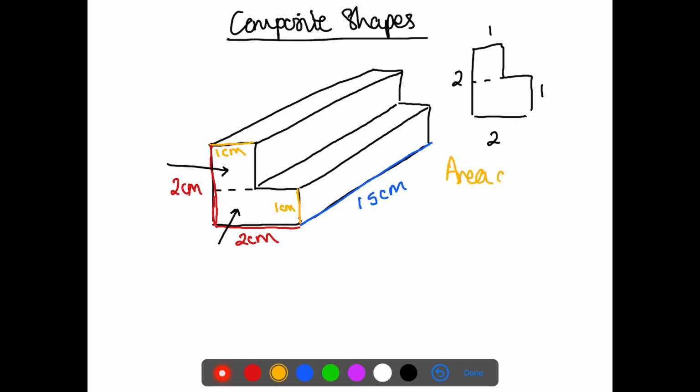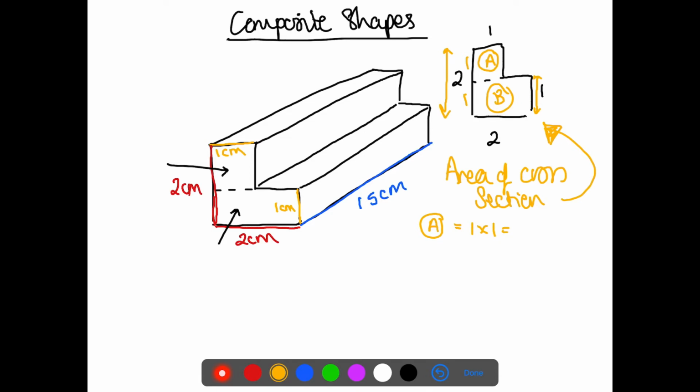And what I'm going to do is I'm going to split that up into 2 shapes. So I need to first of all find the area of the cross section, which is obviously this shape here. So I'm going to split this into 2. I'm going to do A and B. So that means that that must measure 1, okay, and that must measure 1, because the whole thing is 2. Okay, and that's 1 there, so we know that's correct. So to find the area, we're going to do A first, and A is just 1 times 1, which is 1 centimetre squared.